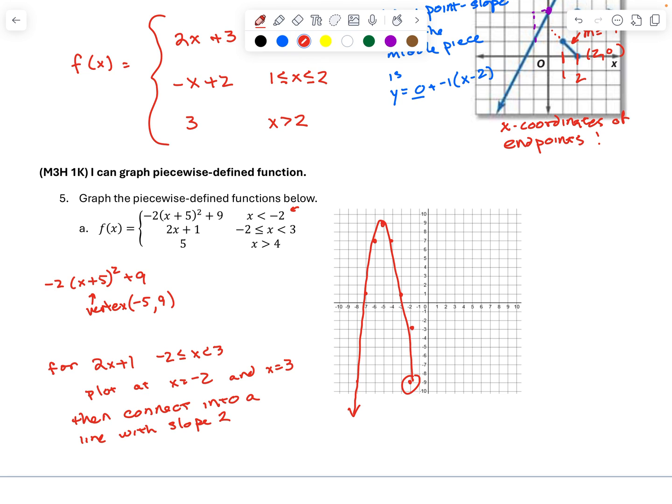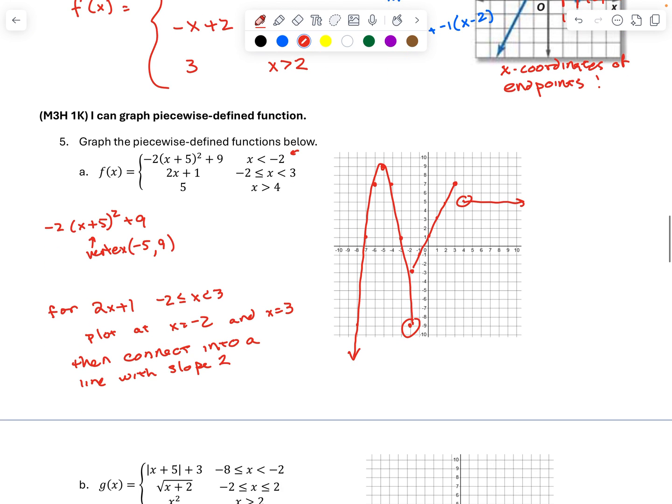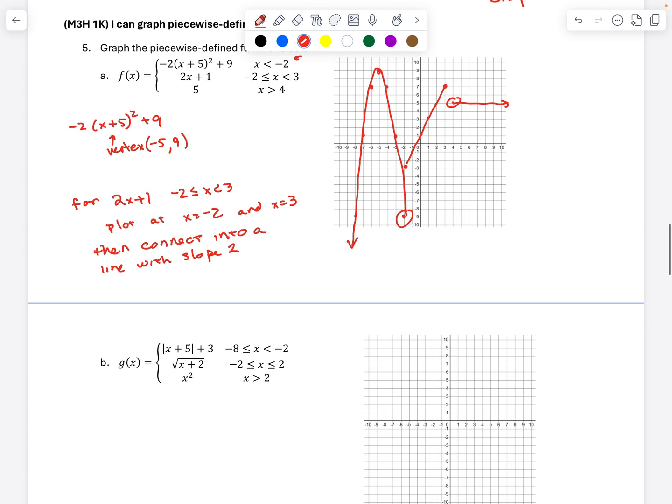It's just off there. Plugging in 3, you get 6 plus 1 is 7. And then if I connect the dots, hopefully, oh yay, look at that, it works. Okay. Constant of 5 when x is greater than 4 and greater than. Okay. Fine.